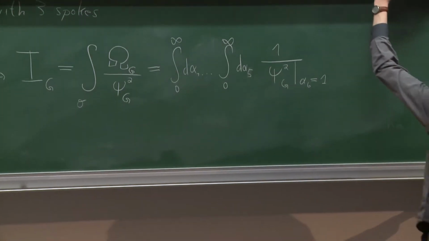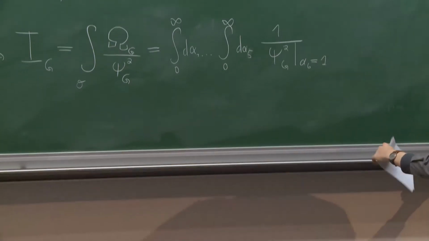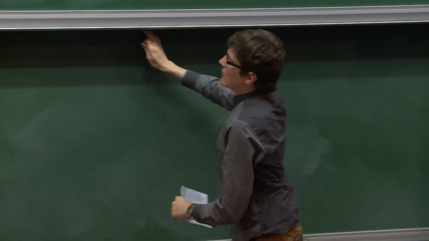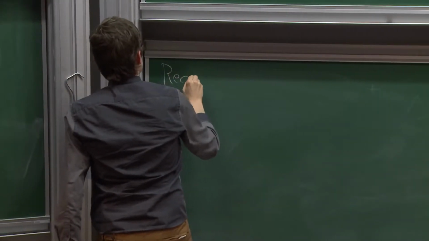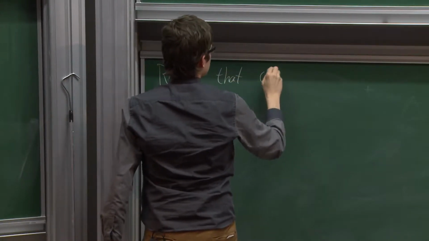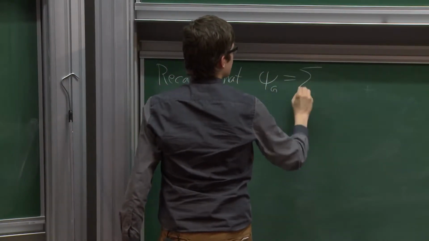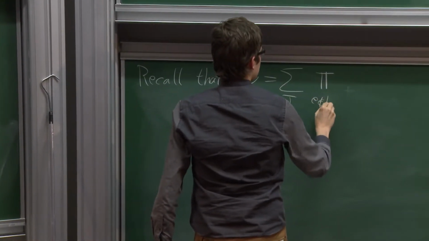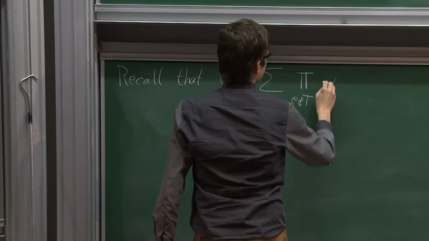Recall that by definition, this Symanzik polynomial psi_G was the sum over all spanning trees. Each spanning tree contributes a monomial, which is the product of all edges not in the spanning tree.